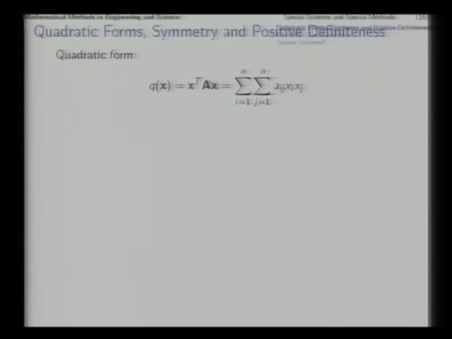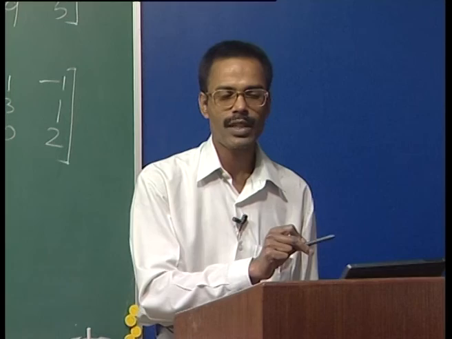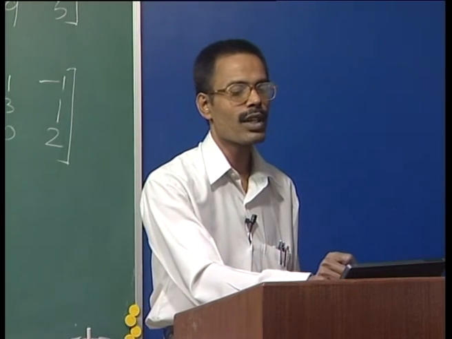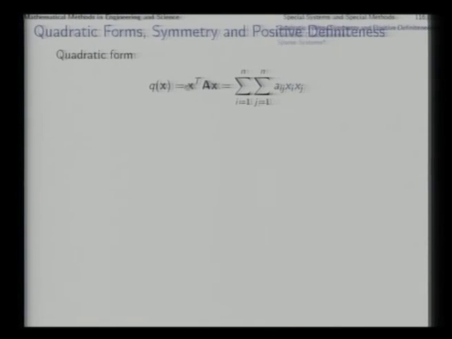Before introducing a particular special situation, we quickly see a few definitions. A function of this form, a quadratic function of x1, x2, x3, x4 up to xn, in which only quadratic terms are there, no constant term, no linear term, is called a quadratic form, which can be shown as x transpose Ax, which is this in the summation notation.